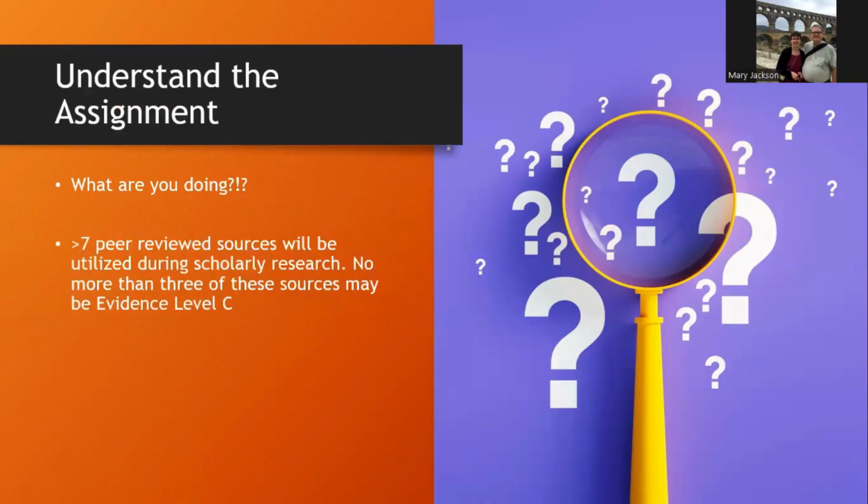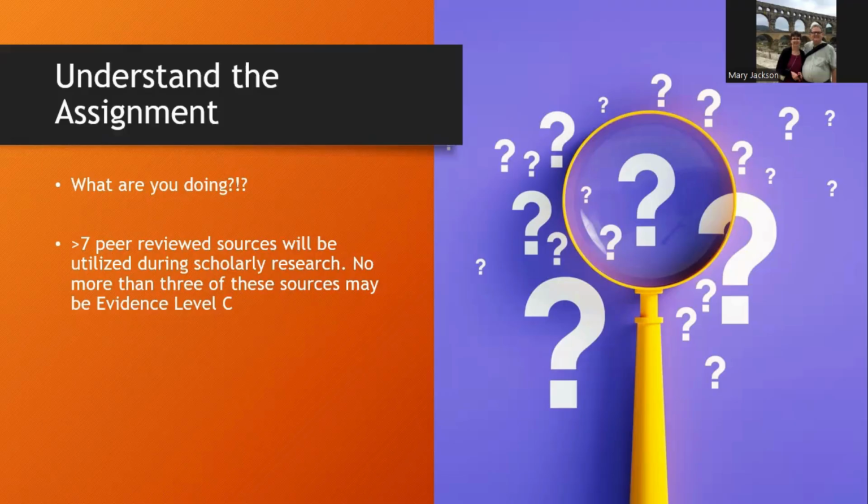You are also going to need to find at least 7 peer-reviewed sources that will be utilized during your scholarly research. There has to be also a certain level of evidence in the studies, and a minimum of 3 of these sources, only 3 can be evidence level C, and the other ones have to be higher than that.